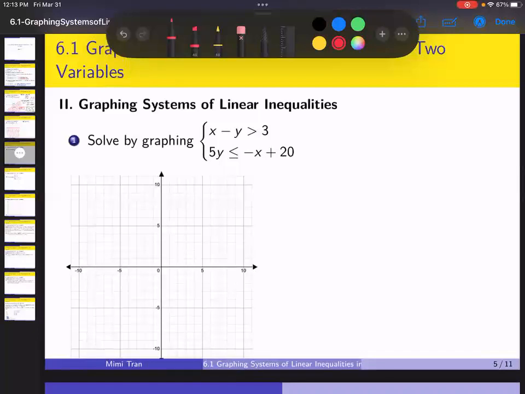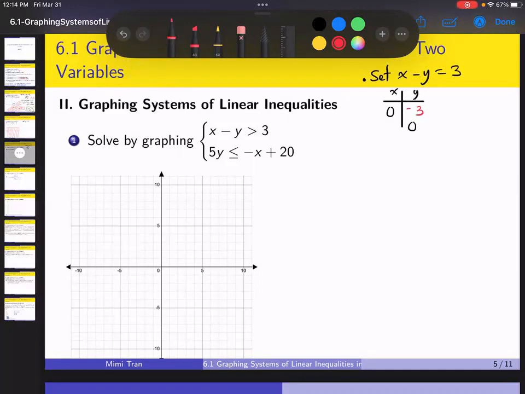Now let's go up a level, graphing number 2. First, I'm going to set x minus y equal 3. If I let x equal 0, y equals -3.